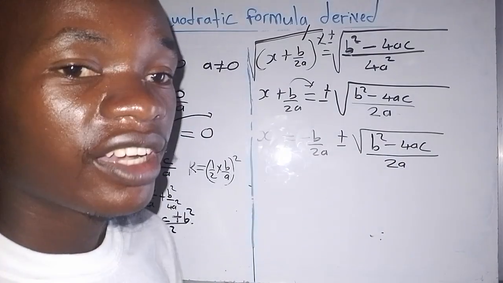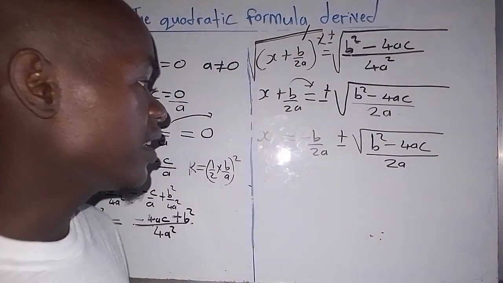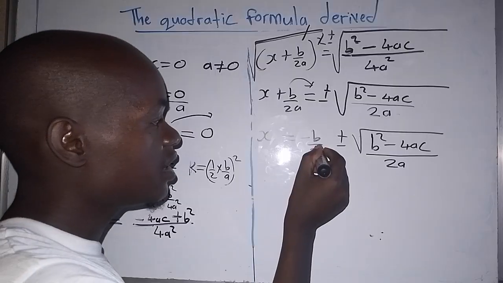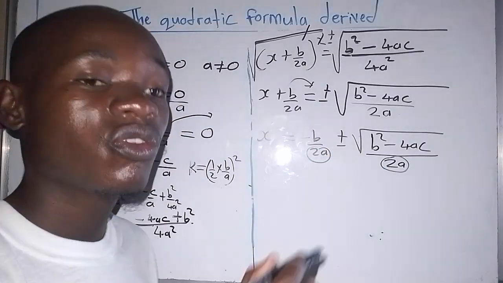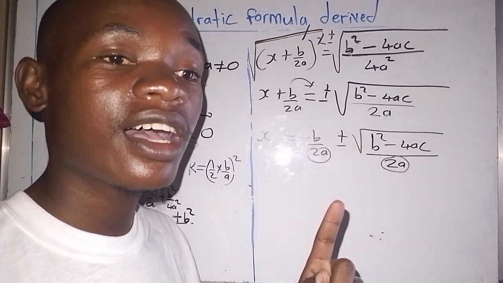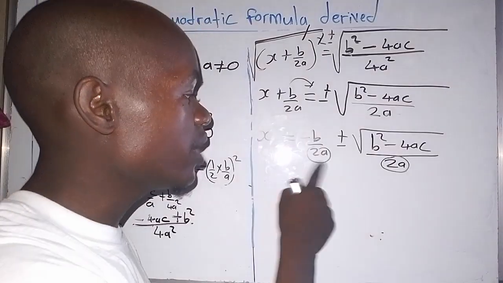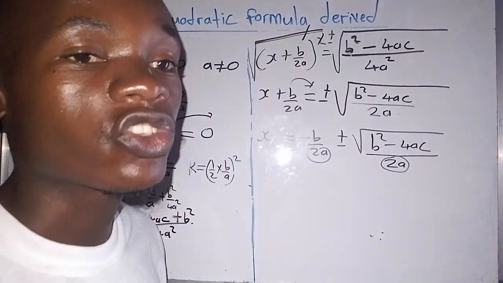Okay, now you have to be observant. As you can see, here I have the denominator of 2a, and this side I have the denominator of 2a. Meaning I can put 2a and 2a under one denominator, since 2a is common.